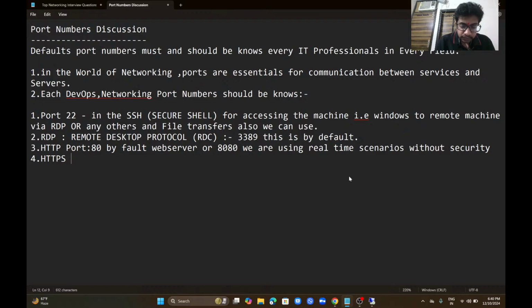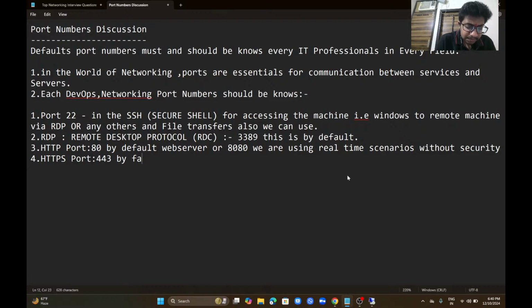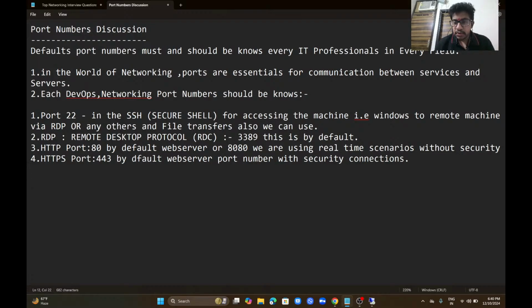Fourth one, HTTPS port 443, the default web server port number, for secure connections.